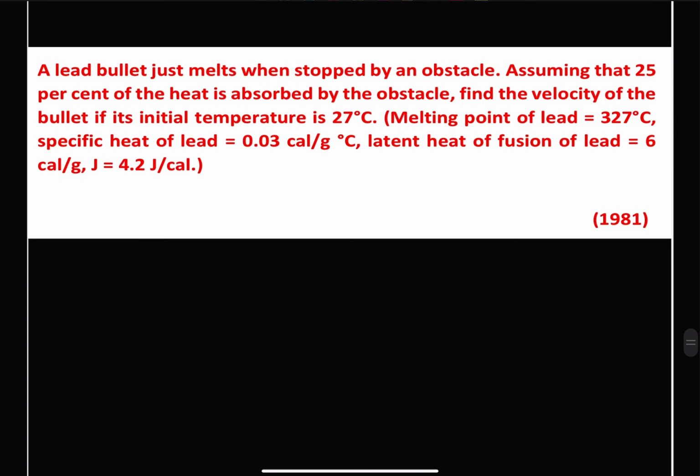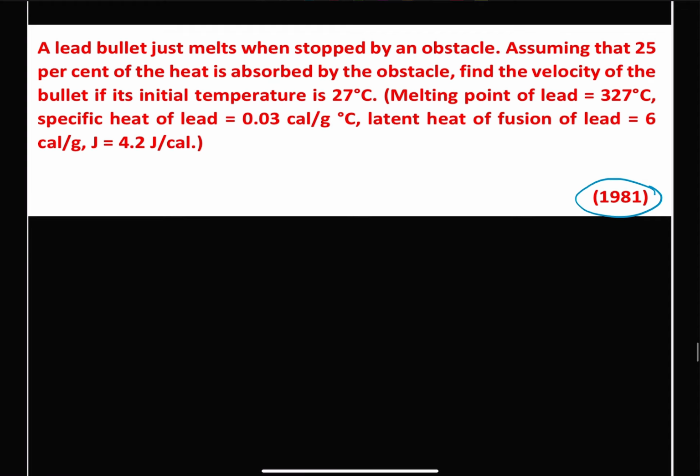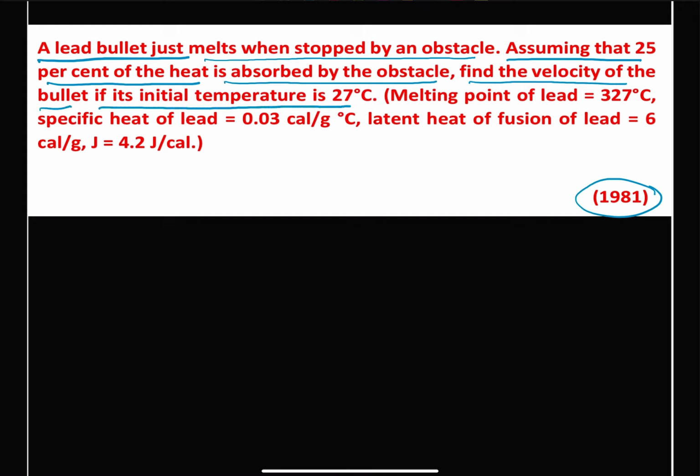This was asked in the year 1981, and it states that a lead bullet just melts when stopped by an obstacle. Assuming that 25% of the heat is absorbed by the obstacle, find the velocity of the bullet if its initial temperature is 27 degrees centigrade, melting point of lead is 327, specific heat of the lead is given, latent heat of fusion for lead is also given to us. Okay.